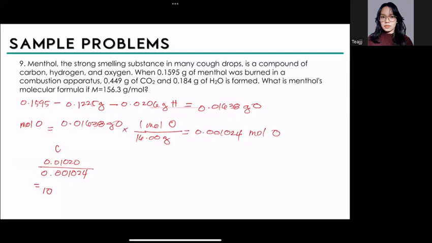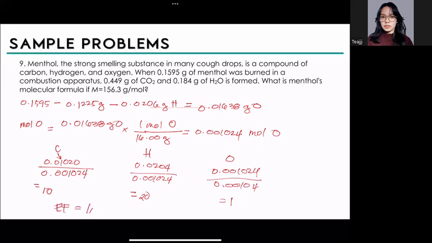That's 9.9 something. And then hydrogen, you have 0.0204 over 0.001024. If carbon was 10, hydrogen will be 20, since it's times 2 the molar amount of carbon. And then, of course, oxygen divided by itself is 1.